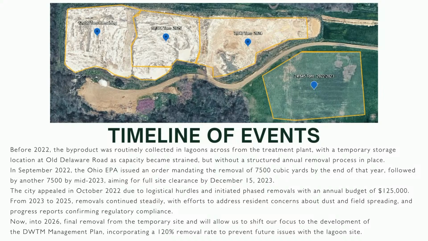The city appealed in mid-October 22 due to logistical hurdles and initiated phased removals with an annual budget of about $125,000. From 23 to 25, removals continued steadily with efforts to address resident concerns about dust and field spreading, and progress reports confirming regulatory compliance.